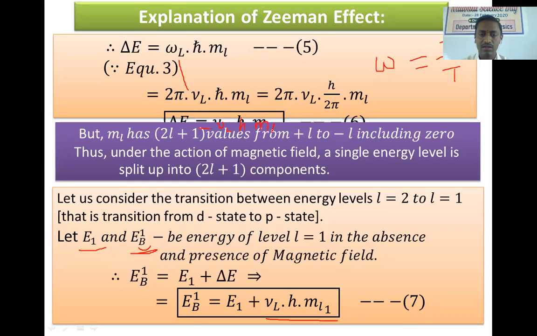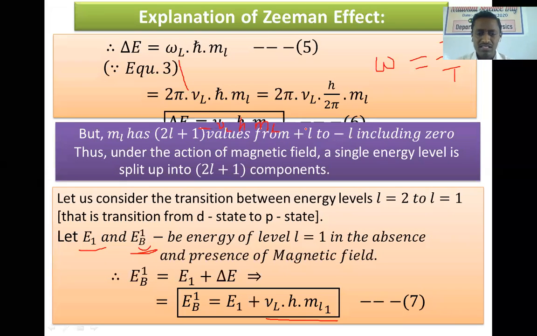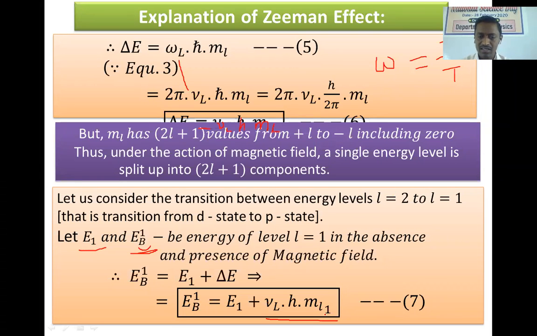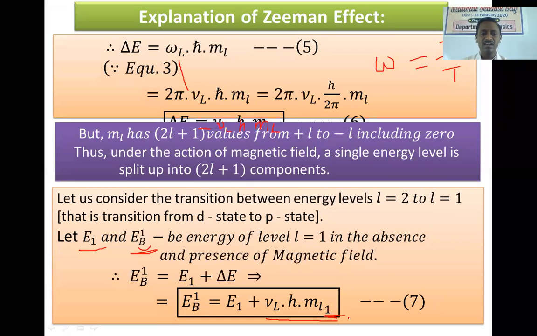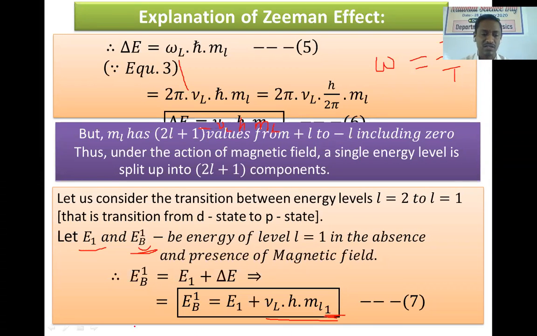To separate the ml for both levels, I have put a suffix 1 for the first level. So the energy of the P state in presence of the magnetic field equals energy in absence of the magnetic field plus nu L h ml1. That is our equation number 7.